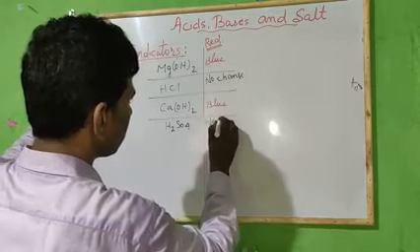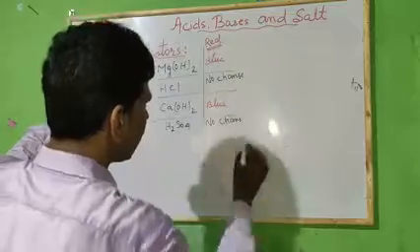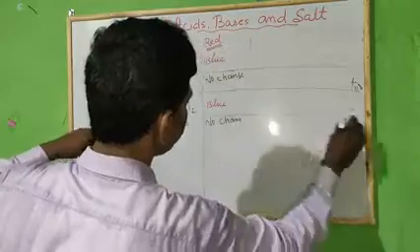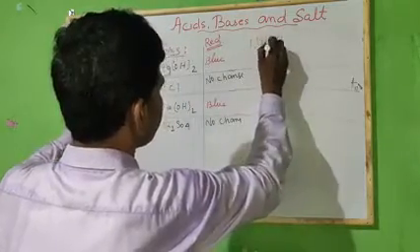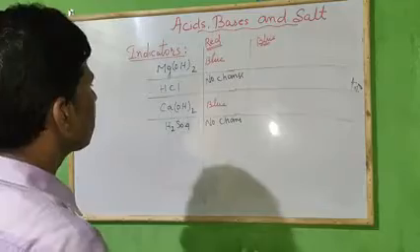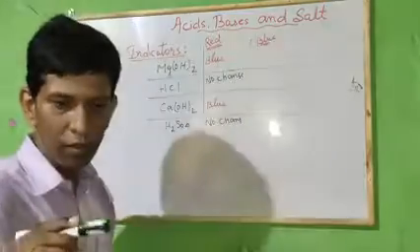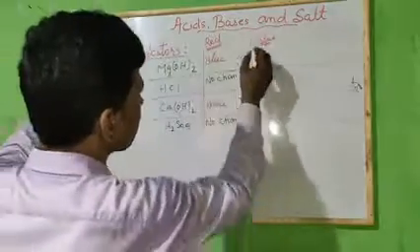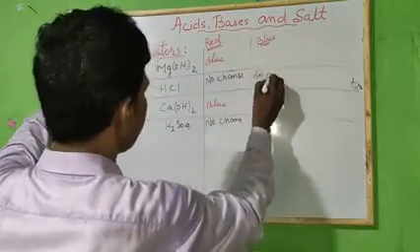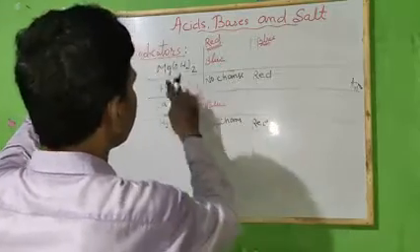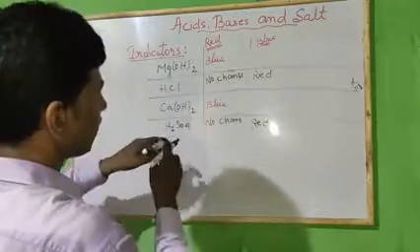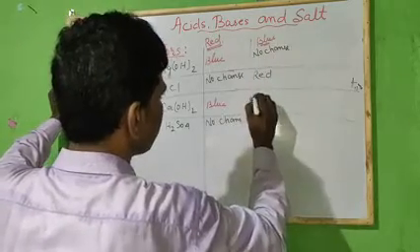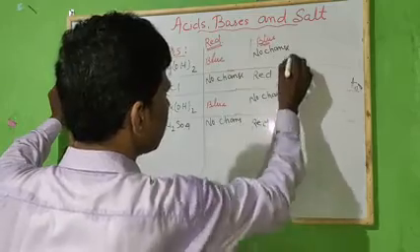Like this, if I am taking blue litmus, then blue litmus changes into red only if the liquid is acidic. So in HCl it will change into red, and in sulfuric acid it will change into red. But in magnesium hydroxide and calcium hydroxide, no change. Clear?